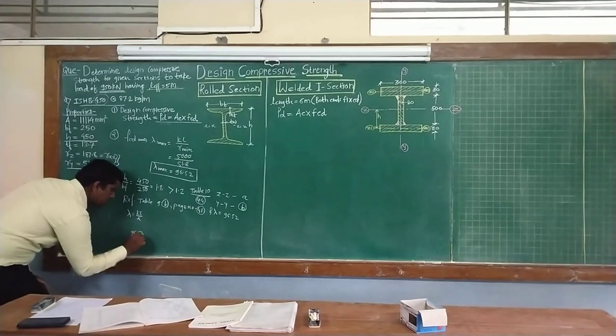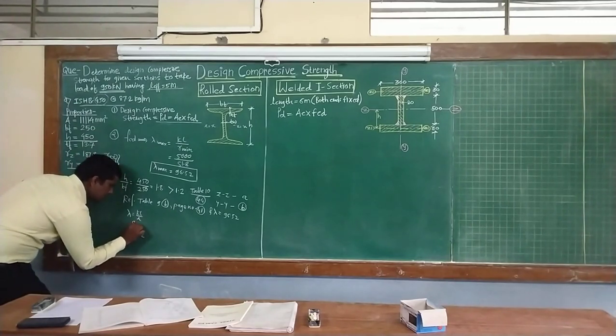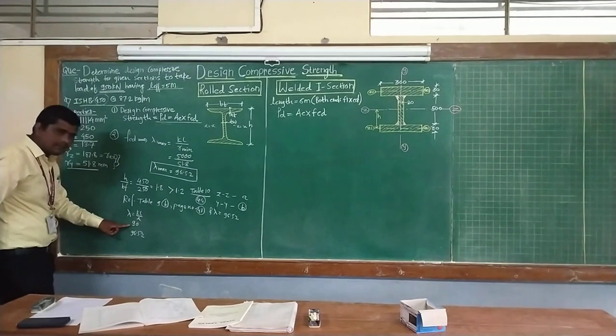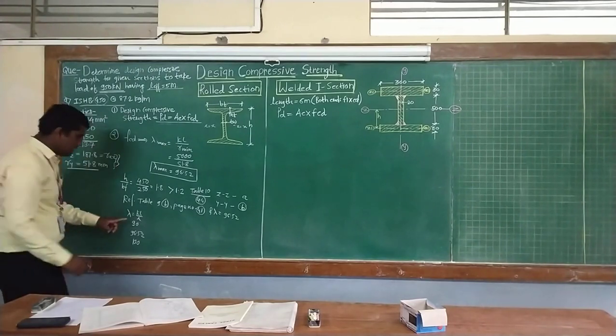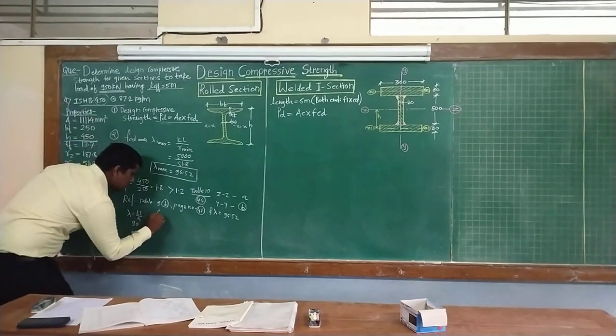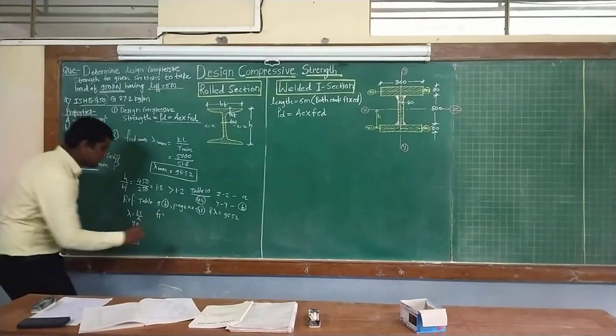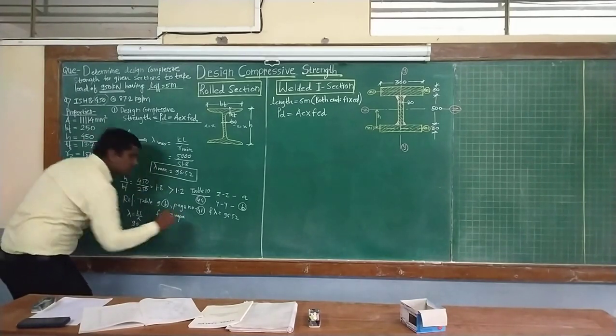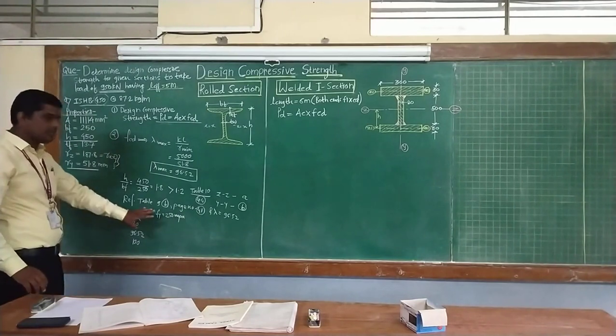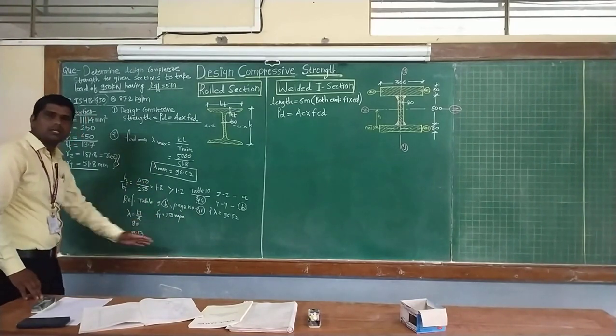In between, going through the table, 90 is there and at an interval of 10, the next value is 100. And in the second row we refer to yield stress, that is Fy equal to 250 MPa or Newton per mm square, for this particular column.